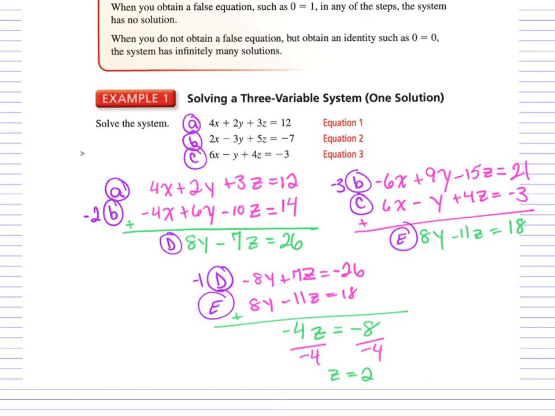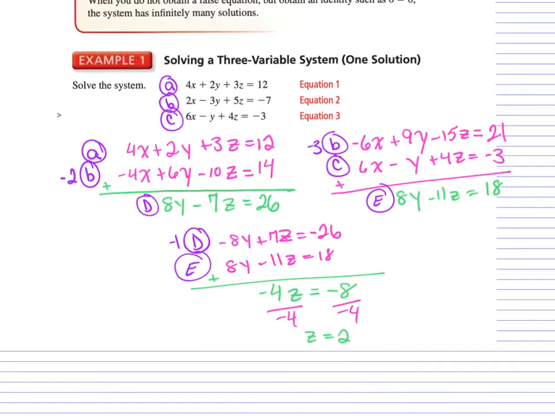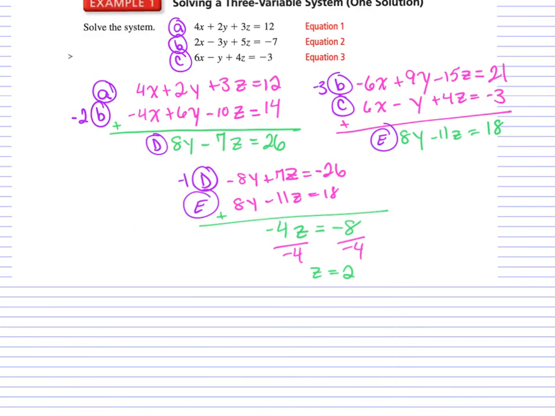At this point, I can just plug in. I need to plug this into either D or E because it only has one other variable. It doesn't matter which one. I am going to choose E for no reason other than because I can. So I'm going to plug in 2 into equation E. So I'm going to take 8y minus 11 times 2 equals 18.